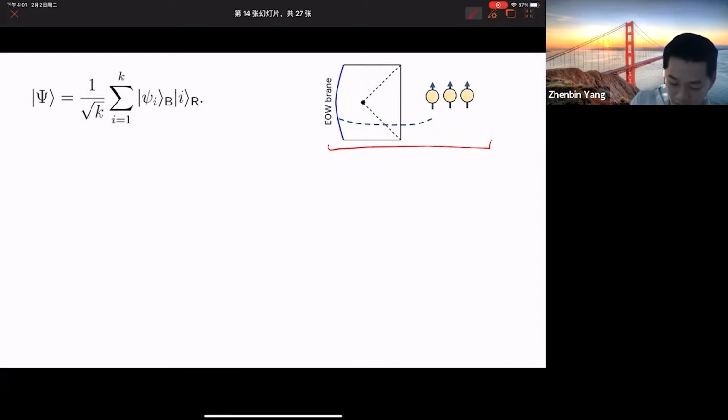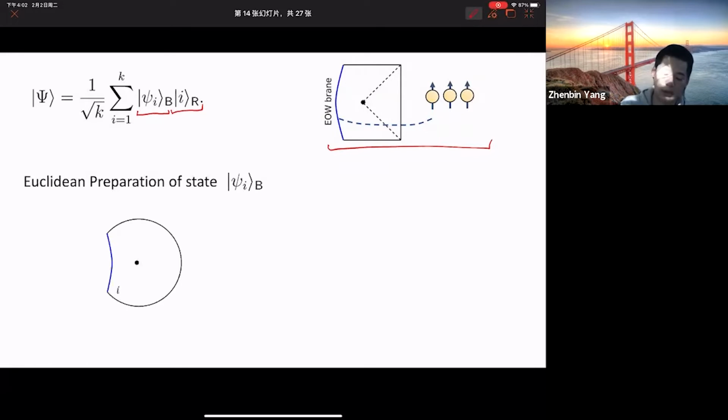We can denote this state as a sum over black hole states psi I entangled with radiation states I, where psi I denotes the black hole state with the brane excitation in state I.